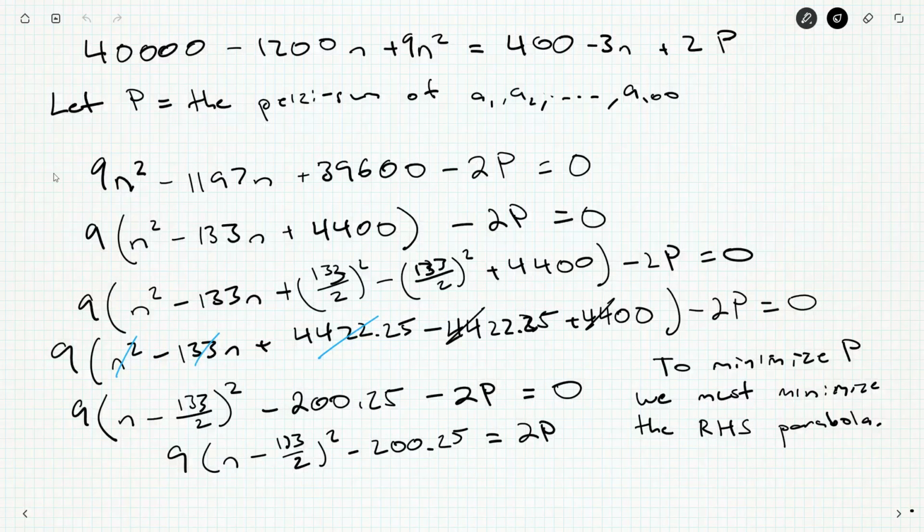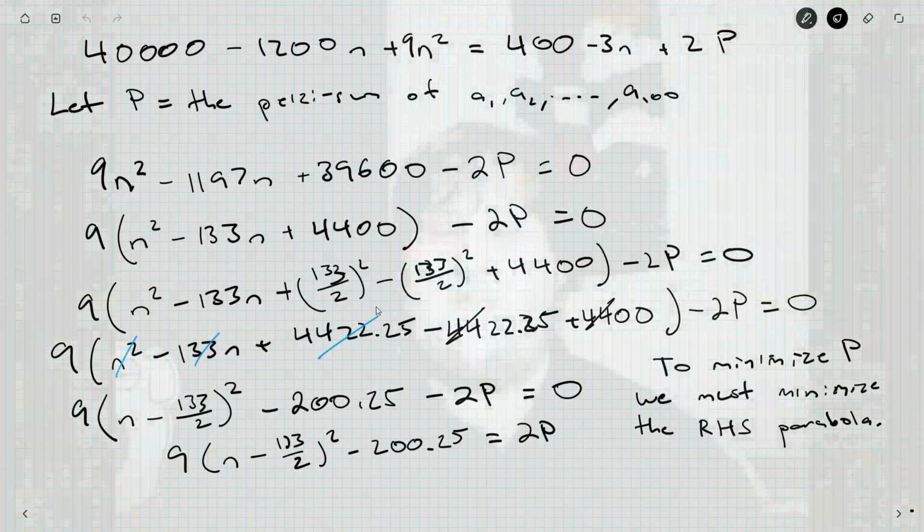Anyway, I was a little hesitant when we saw this 1197, but fortunately the 9 factored out, and it wasn't so bad. Sometimes you get a sense when you do these calculations, you realize, gee, I'm not doing this the right way, just because there are so many awkward numbers and the equations are getting so long. I never really felt like that here, but had the 1197 turned into something even worse, I probably would have said, whoa, hold on, maybe my initial thought didn't work out quite right.